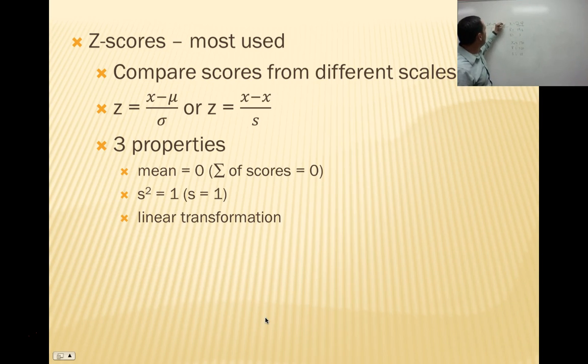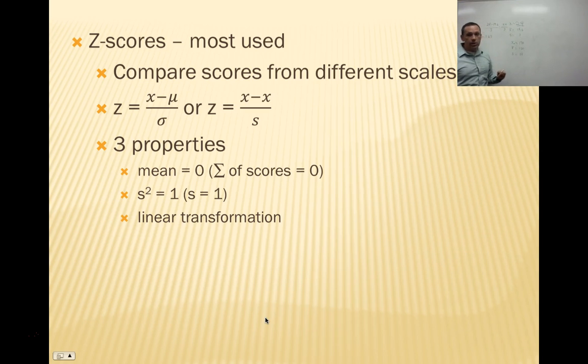We get 4.4. Divided by 3, that's about 1.47, but I don't have my calculator in front of me, so let's say 1.27, close enough. So the z-score for a 24 on the ACT is 1.27.